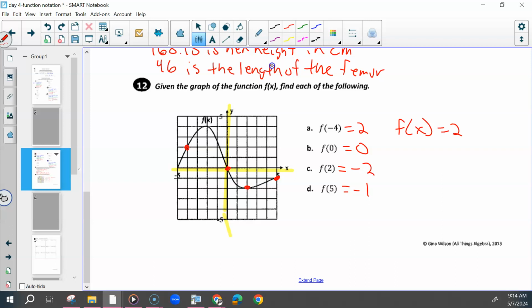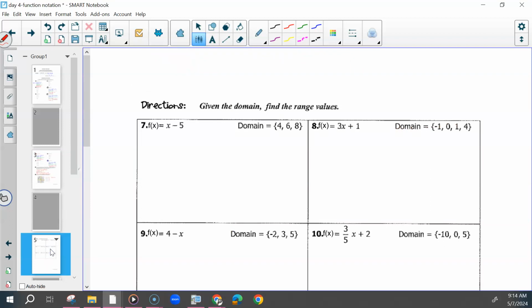Alright, go on to the next page. The next page is doing the same thing we were previously doing, but instead of saying f of this number, it gives you the domain and wants you to find the range.